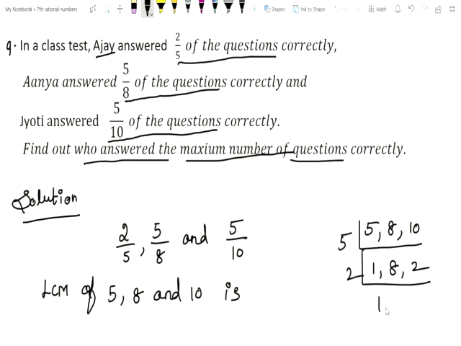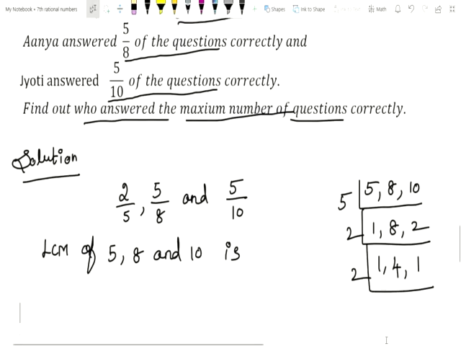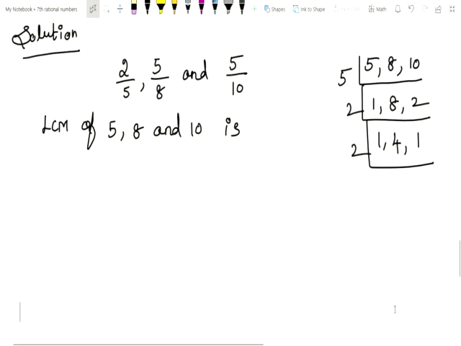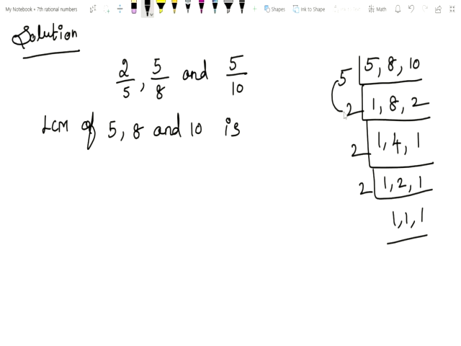Divide by 2: 1, 4 twos are 8, 1. Divide by 2: 1, 2 twos are 4, 1. Again divide by 2: 1, 1, 1. Now multiply: 5 twos are 10, 10 twos are 20, 20 twos are 40. So the LCM is 40.